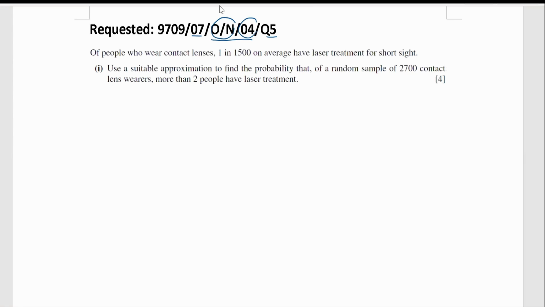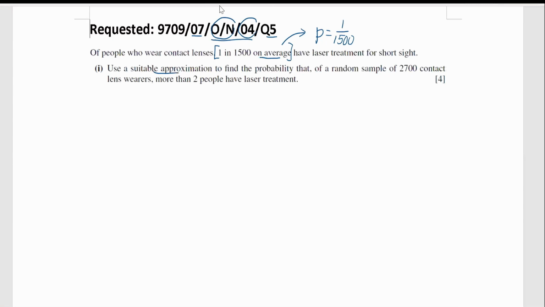From this first sentence, 1 in 1,005 on average, with the keyword "on average", is telling you the probability: of people who wear contact lenses, 1 out of 1,005 of them will have laser treatment for short sight. In order to answer part 1, use a suitable approximation.